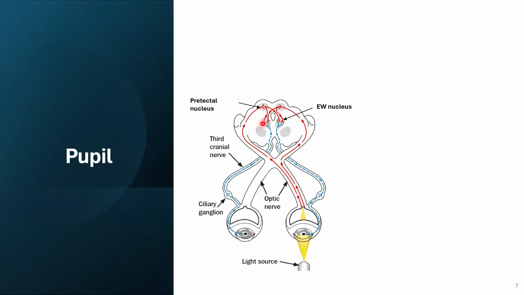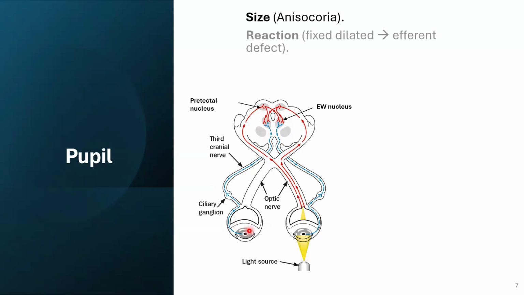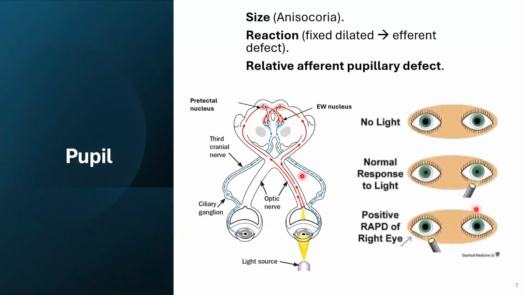And then the efferent pathway of the pupillary light reflex will start from here to the ciliary ganglion through the third nerve and will cause constriction of both pupils. So if you shine a light here, both pupils should constrict.